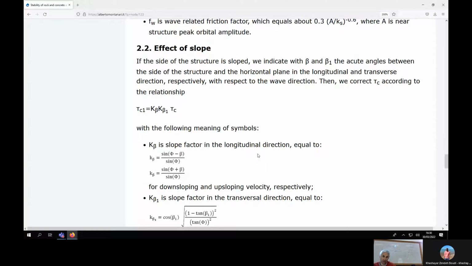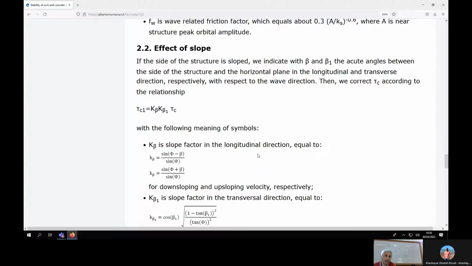So if you identify a longitudinal wave direction, which is the direction of wave propagation, then the max slope of the breakwater is along the same direction. But you may have a slope also in the transversal direction.